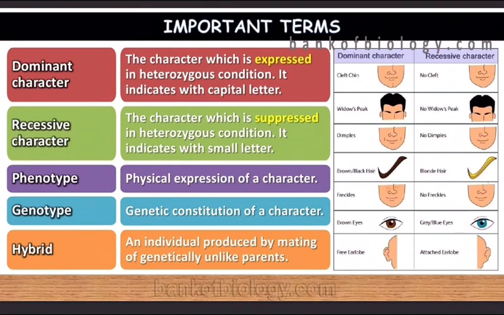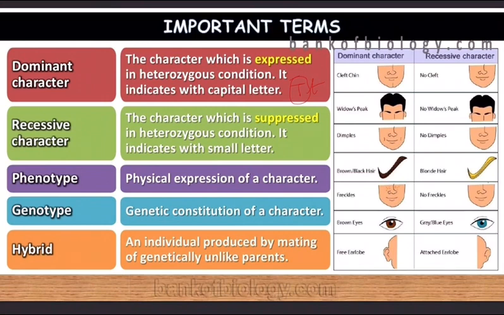Further, dominant character. You have seen sometimes, you have observed in your own family, in your own native place, whenever people group together, one or two persons in the group will dominate. They will not allow others to talk, only they will be talking. Or their appearance will be very dominant, very tall and hefty in the group. So this dominance is because of the gene again. The character which is expressed in heterozygous condition is indicated with a capital letter.